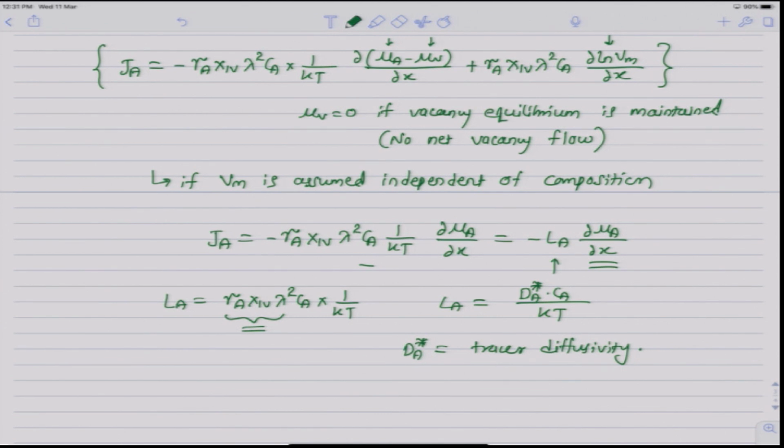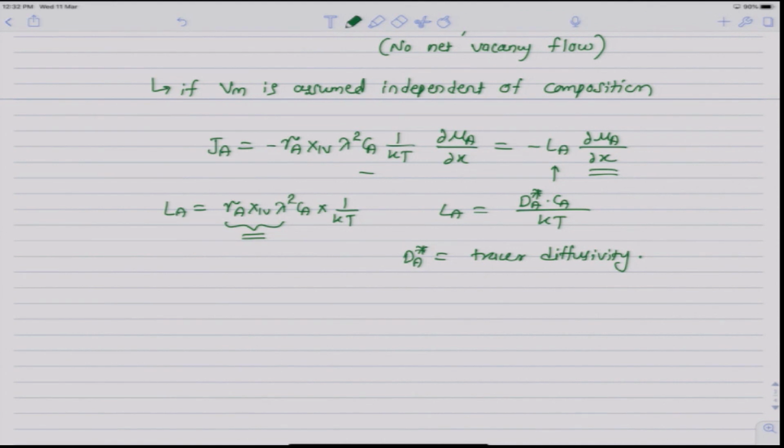So when there is no concentration gradient or negligible concentration gradient, we are talking about the self or impurity diffusivity, which is denoted by dA star. It is referred to as tracer diffusivity. So we can express the kinetic coefficient in terms of the tracer diffusivity of the particular atom.